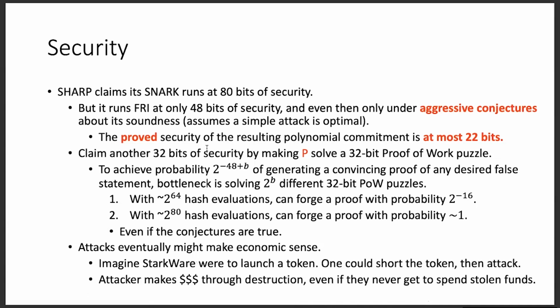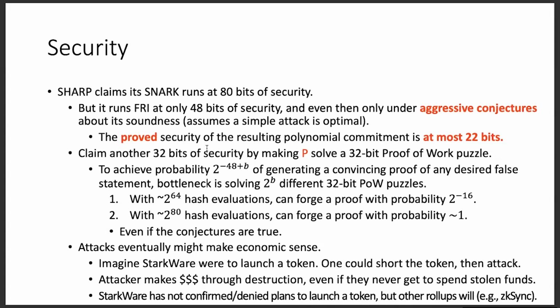And some of these rollups might launch a token. Starkware hasn't announced plans for that, but ZK Sync is going to, for their off-chain incentives and data availability. In that setting, an attacker could definitely make money without being able to spend stolen funds, right? You just ruin the rollup, the token is worthless.